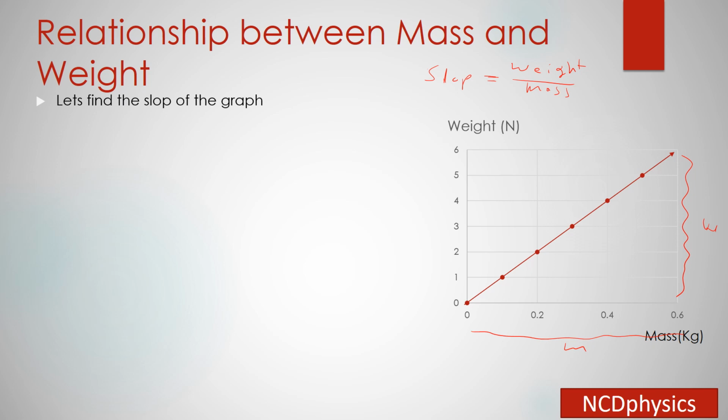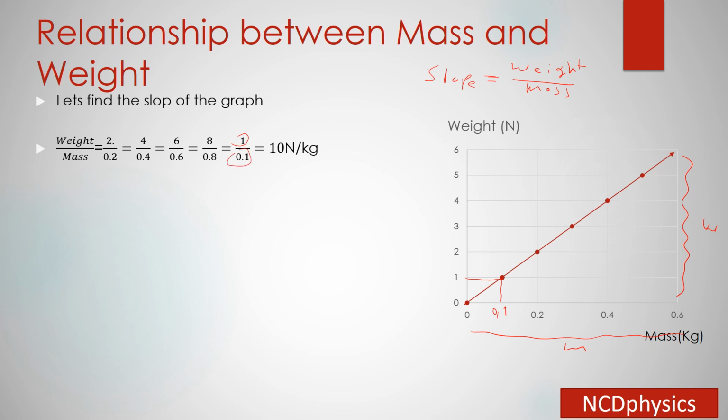So let's find the slope. The slope is giving us weight over mass, and then let's write one by one. First of all, going to the x-axis, I select 0.1 kilogram mass, which is equal to 1 Newton. So I write the formula weight over mass: 1 Newton over 0.1.